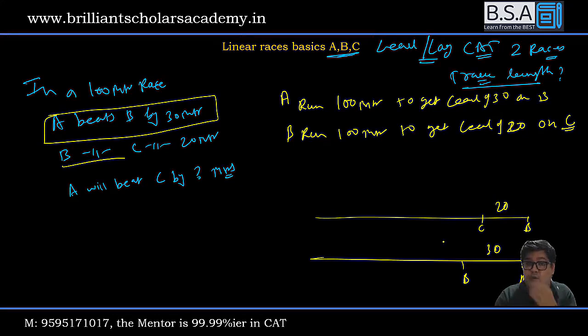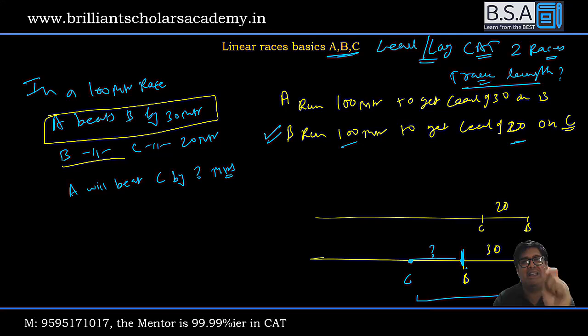I want to understand, when B is here, how far is C? If I can answer this, I can compare A and C. So listen to the language. This sentence tells me B has to run 100 meters to gain 20 meters on C. When B is here, how many meters has B run?